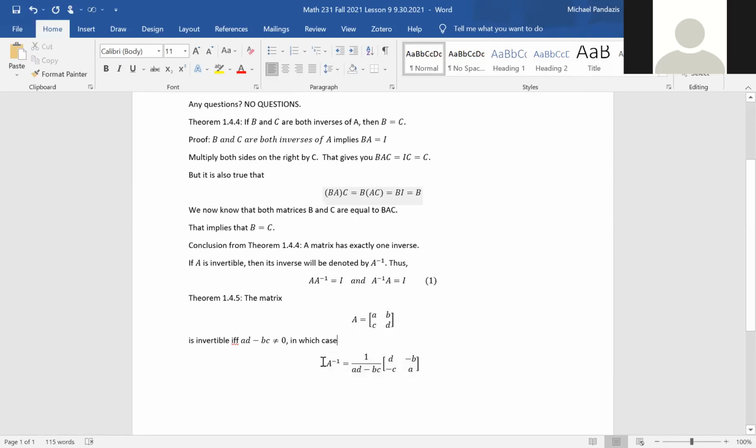In which case, its inverse is given by 1 over AD minus BC times the matrix where you switch the main diagonal entries and negate the entries off the main diagonal. This gives you the ability to find the inverse of a matrix and determine whether or not a 2x2 matrix is invertible. This works for 2x2 matrices.